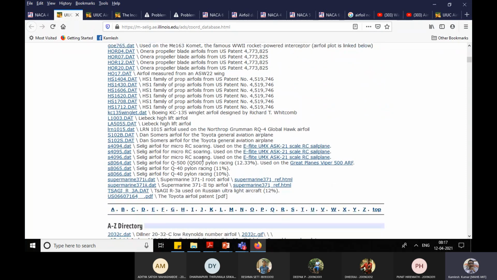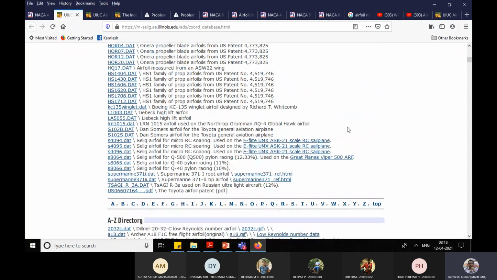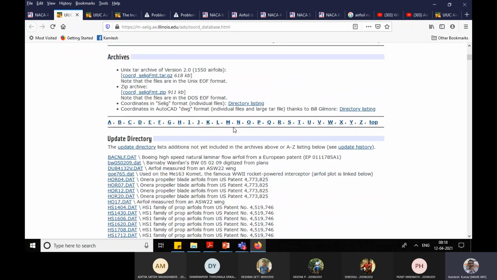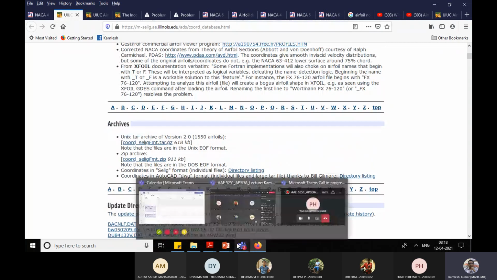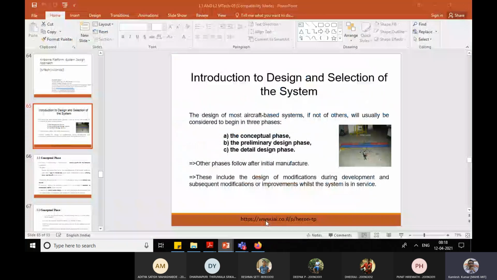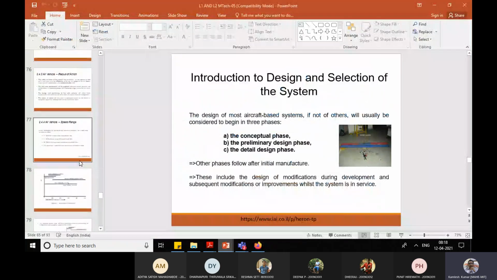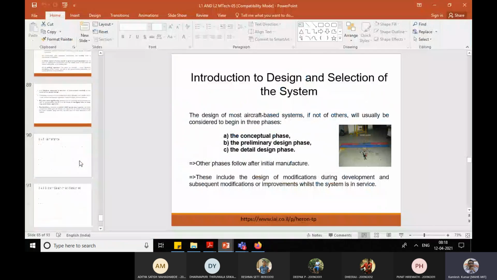If you design properly, the aerodynamics theory related to the wing will work. Otherwise you are just compromising with the design in the smaller UAV. So the idea is you have to explore more, and I have mentioned 2 or 3 slides related to the nomenclature. If you want, you can go there.